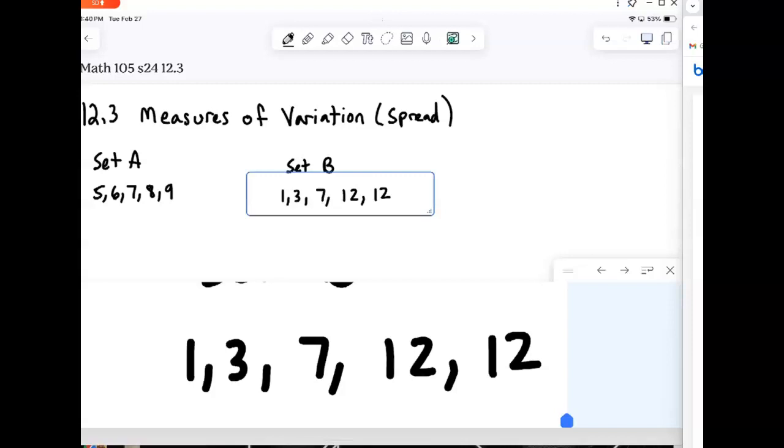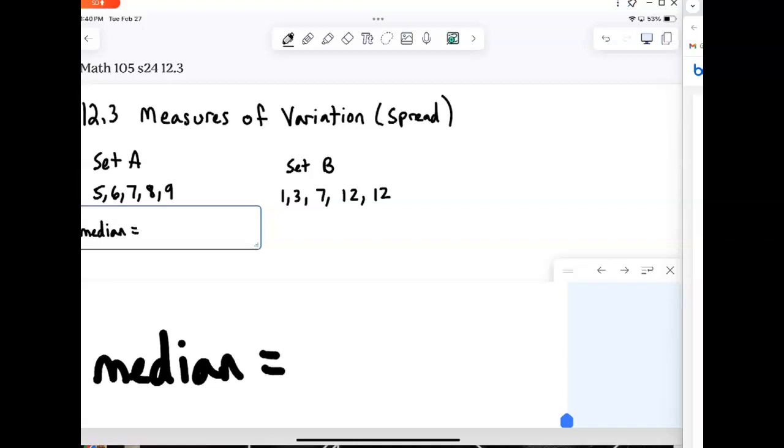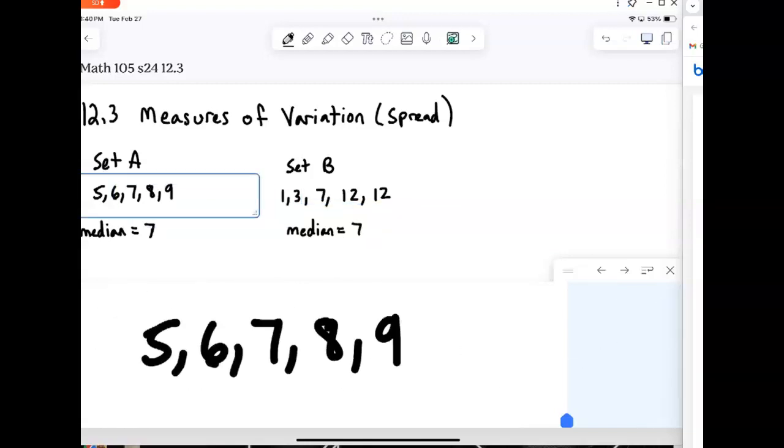Turns out if we took time to compute them, and we can actually do the first one really easily, the median, the middle of each data set, is exactly the same. There's only five values, so 5 plus 1 would be 6 divided by 2. The third number is the median, and these are in order.